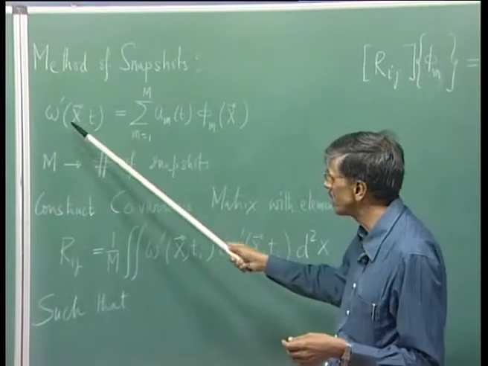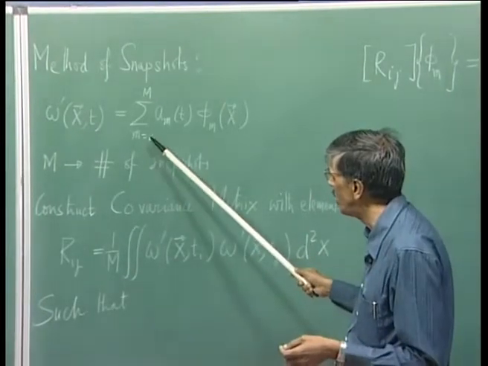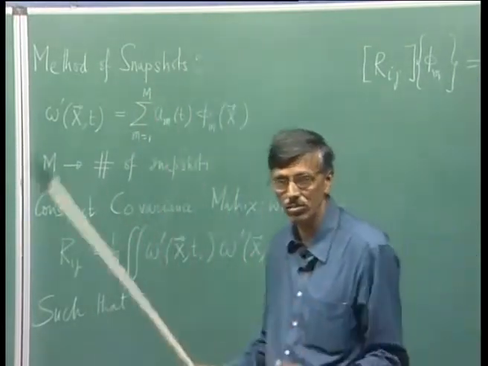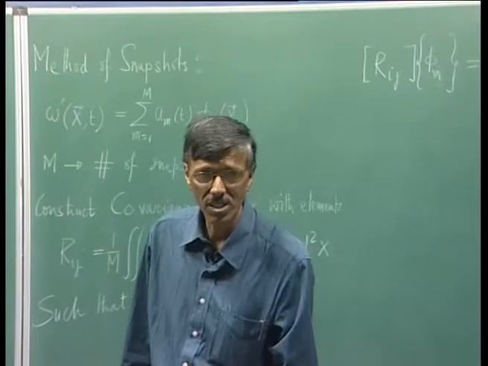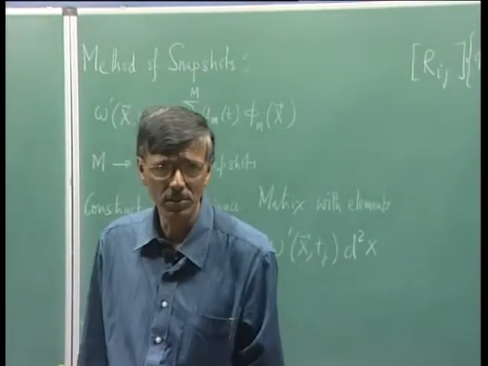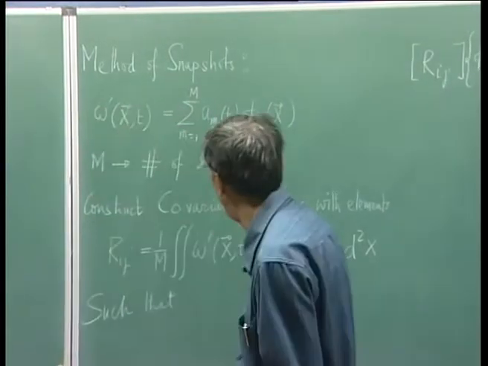We are representing the total disturbance quantity in terms of, let us say, m such snapshots. So, we take pictures. We have the simulation; either you have done it through experiment, or better, you do it with numerics, because there you will have more control.